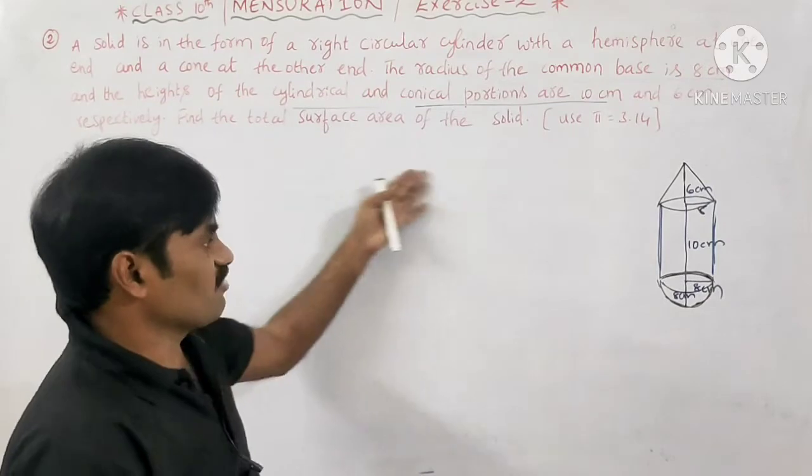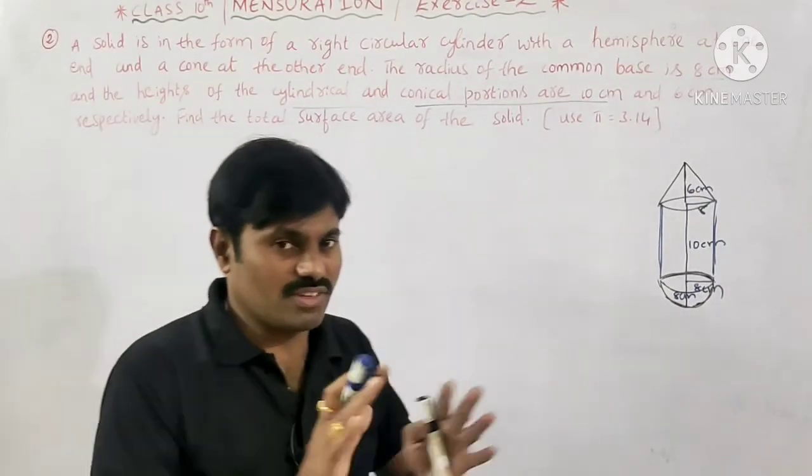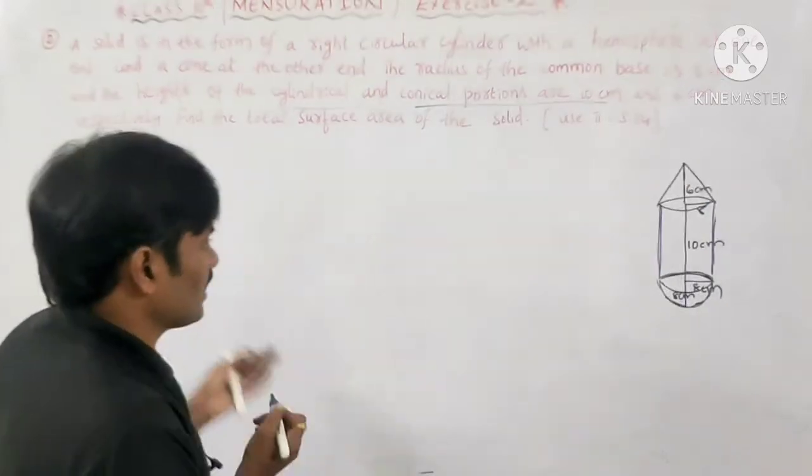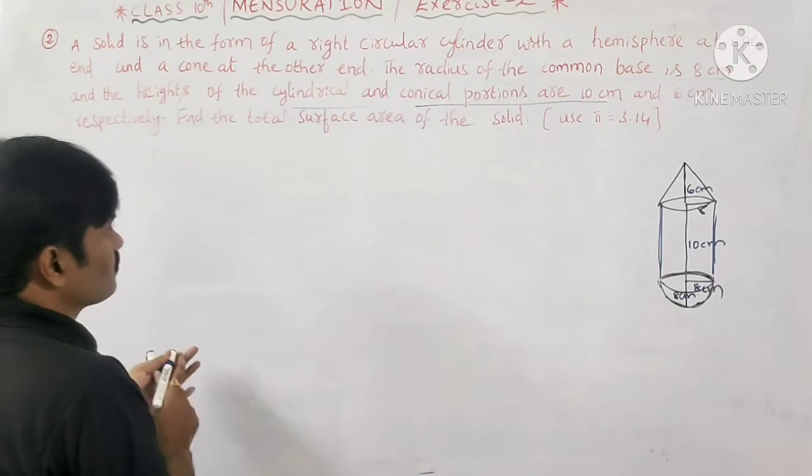See, now we have to solve. So we write the given information. As we know how to write the given information, I am not writing it here. Now I am finding the total surface area of the solid.